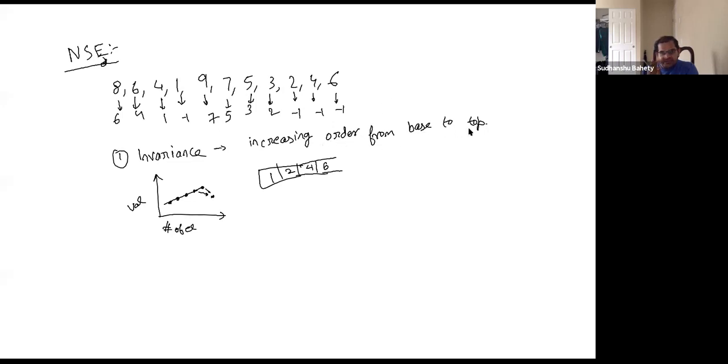Increasing order from base to the top, and all the elements for which next small element is to be determined. That's the invariant that we have for the stack. So in the end, whatever is there in the stack, the next small element is not present over there.